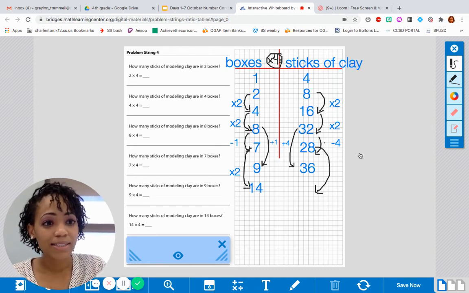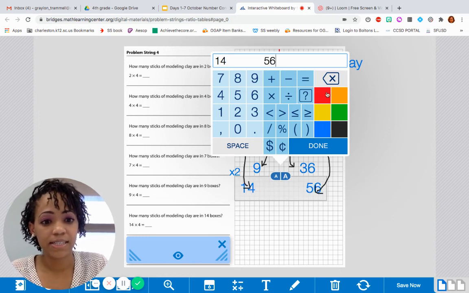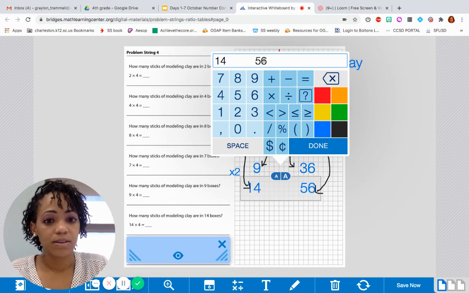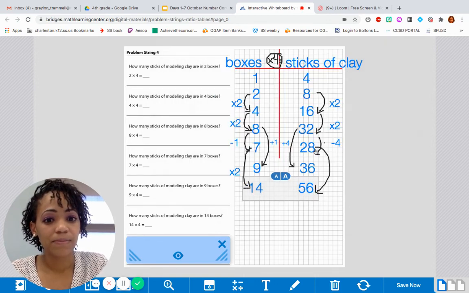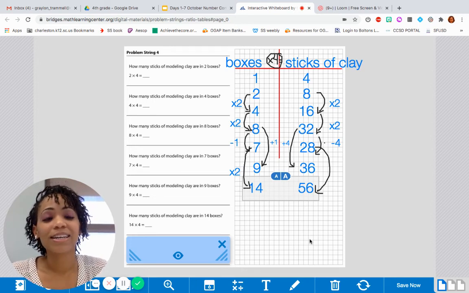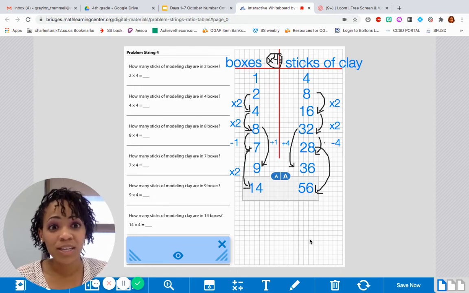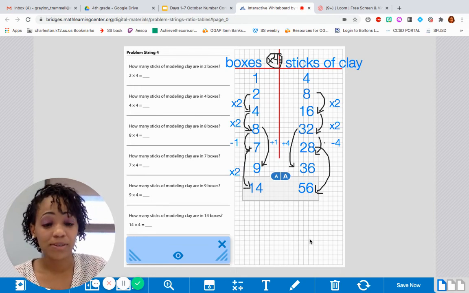You got it. So 14 boxes would give us 56. All right. Line it up here.